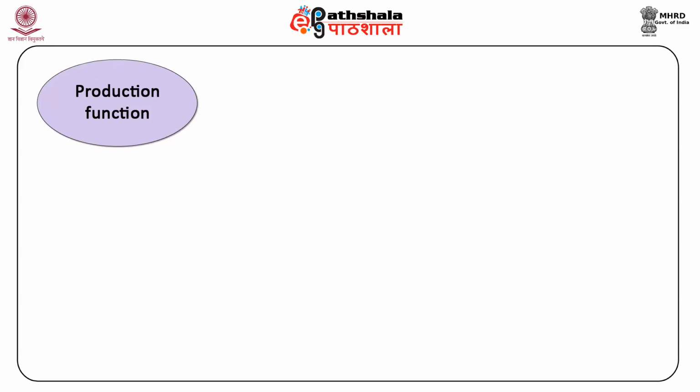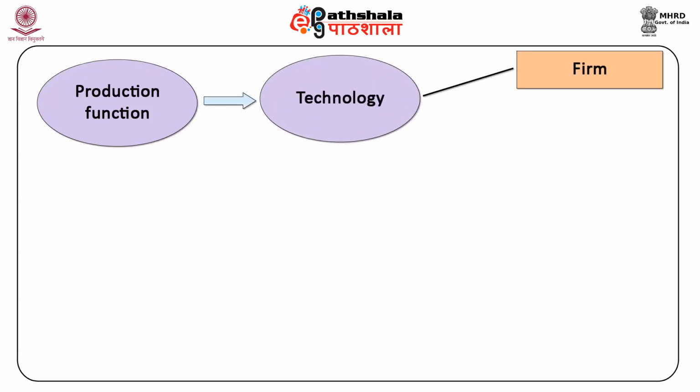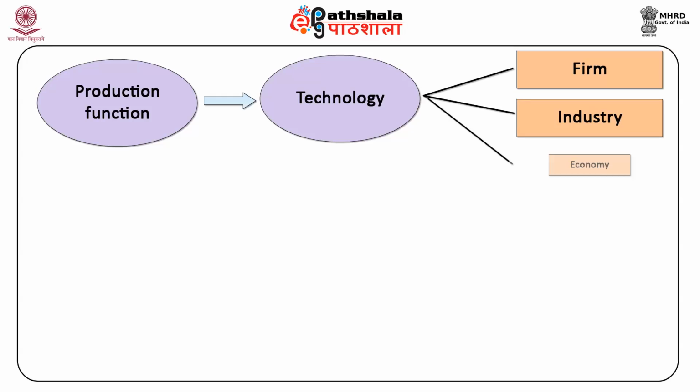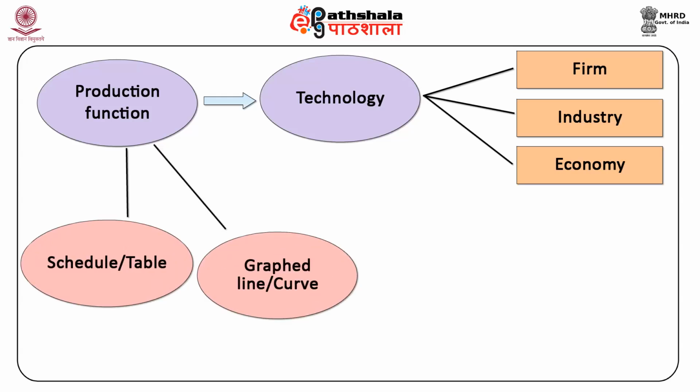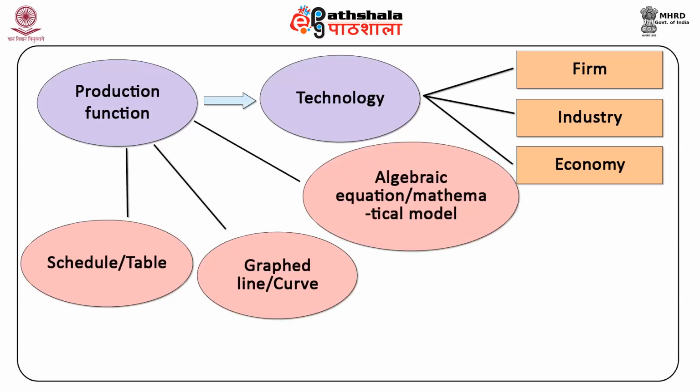Moreover, the production function also represents the technology of a firm, of an industry, or of the economy as a whole. A production function may take the form of a schedule or a table, a graph line or curve, an algebraic equation, or a mathematical model.